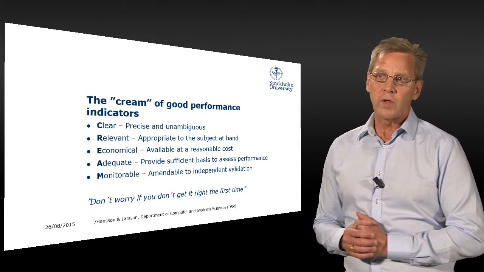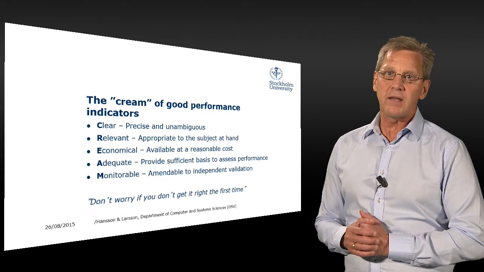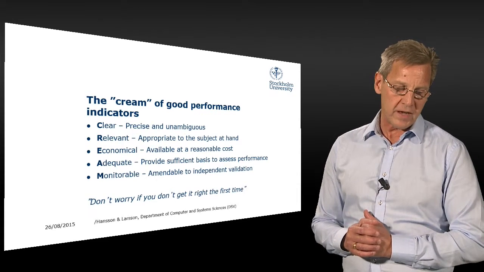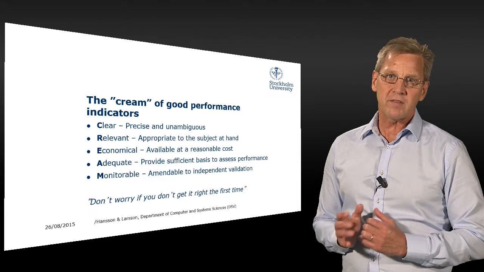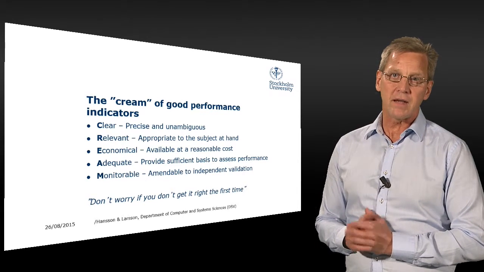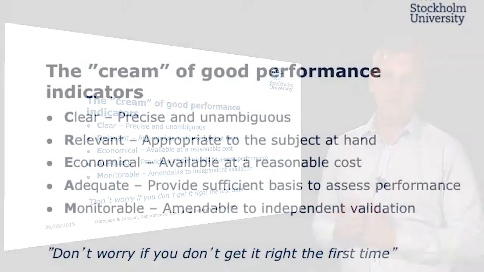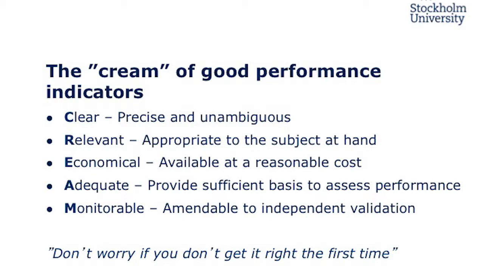When also assessing an indicator, one usually can use these 5 words to assess whether an indicator is clear or good enough. Is it clear? Is it precise and unambiguous as a state of a certain indicator? Is it relevant for the subject at hand?